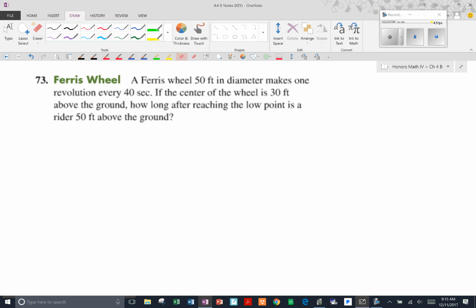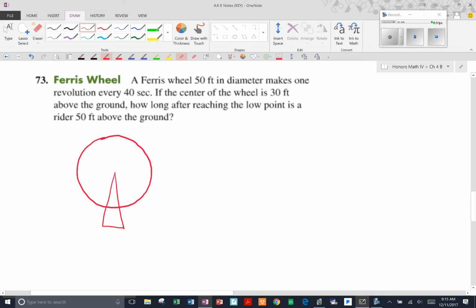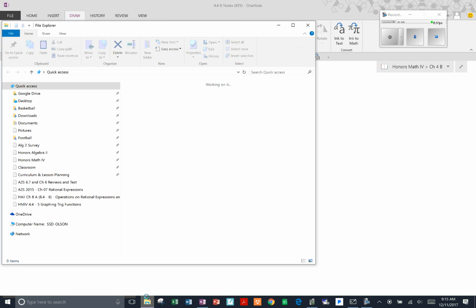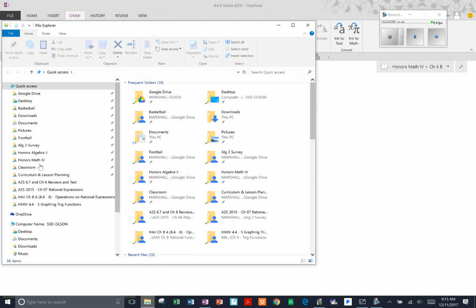All right, we got a Ferris wheel, 50 feet in diameter. Let's draw a Ferris wheel here. That's my Ferris wheel. I think I have a better one in my smart notebook here. That actually looks like a Ferris wheel.